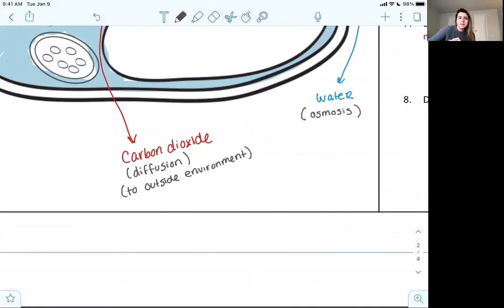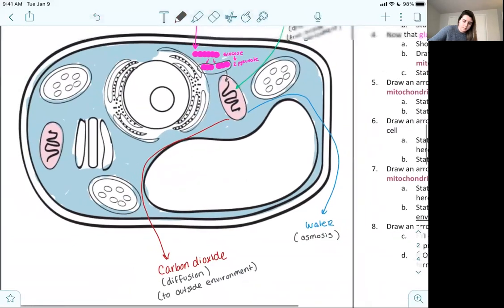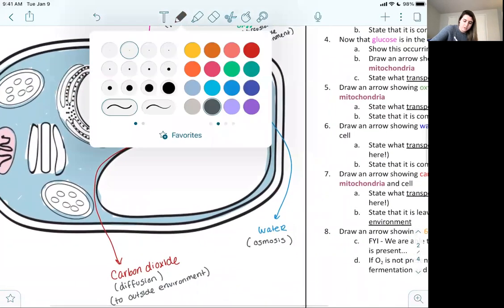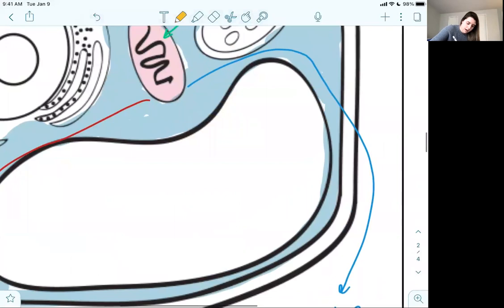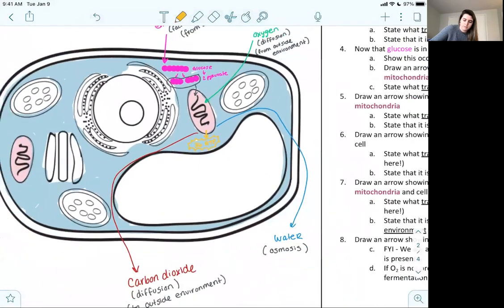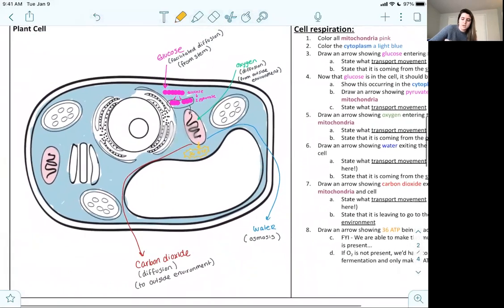Okay. Lastly, we have to go ahead and make our ATP. That's a pretty important part of this process. It's actually the whole point of this process. So I'm going to go ahead and out of my mitochondria, I'm going to draw 36 ATP that are produced. And again, I'm going to kind of outline that because I know that my 36 ATP is the whole point of this process. It's the whole point of doing cell respiration. We need that energy. Another reminder here, we are able to do this because we have oxygen present over here on the right-hand side.